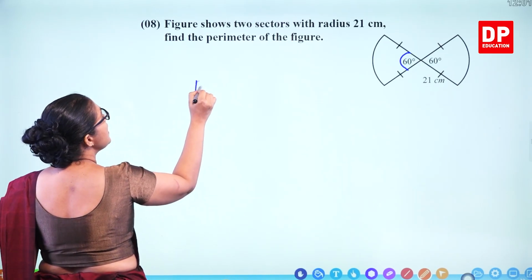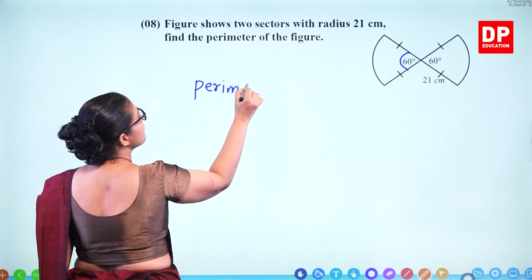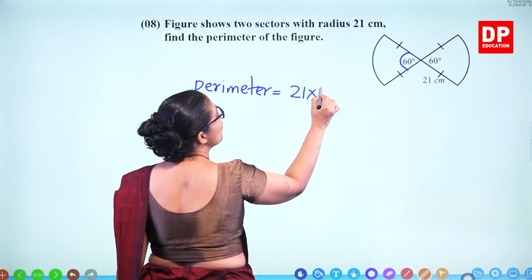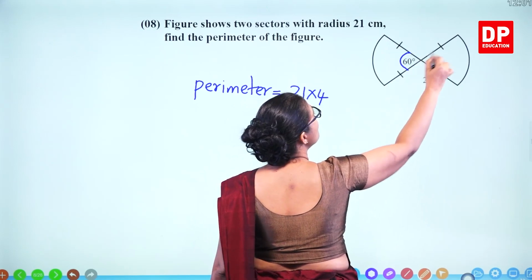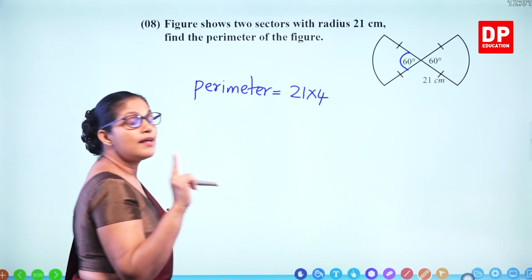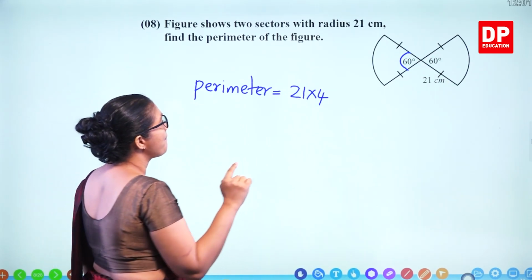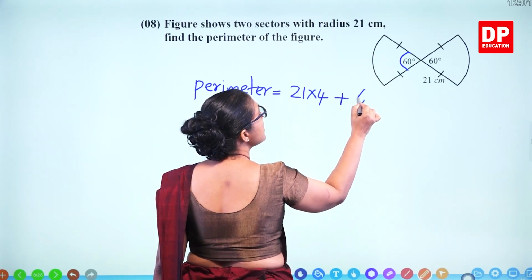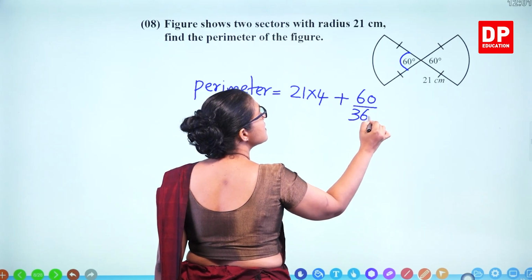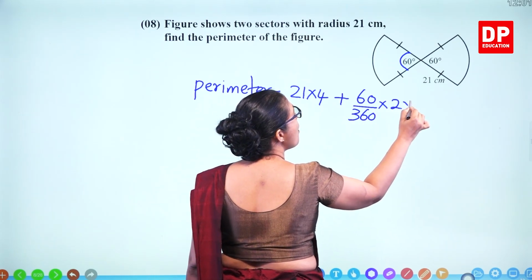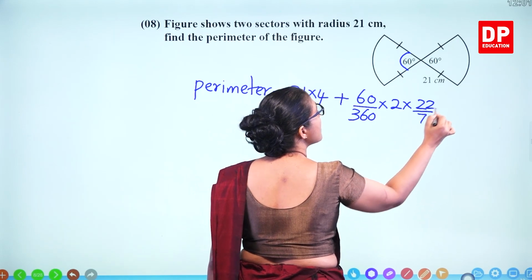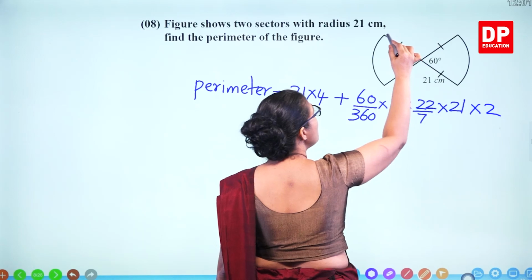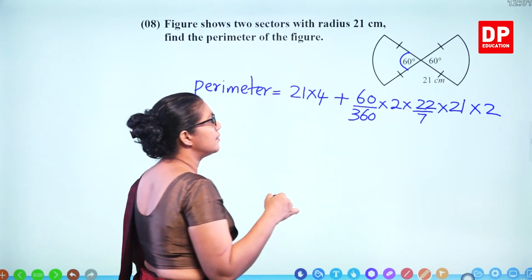So what's the perimeter? 21 times 4, because 1, 2, 3, 4, all these are 21 centimeter length. Plus, what's the arc length of the sector? 60 over 360 into 2, pi is 22 over 7 and r is 21. But you have to multiply this by 2 because you get 2 arcs.